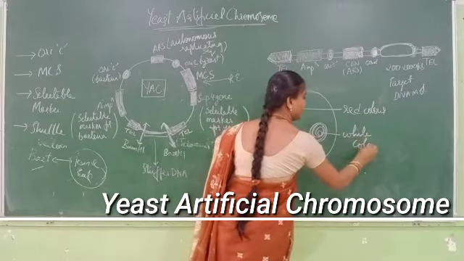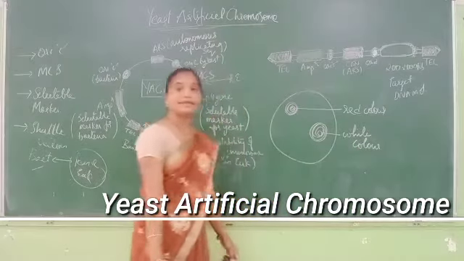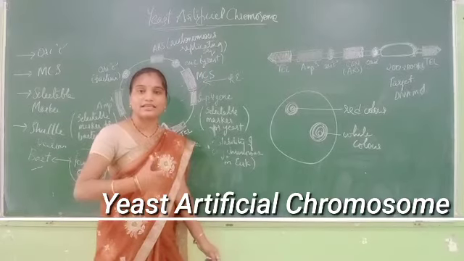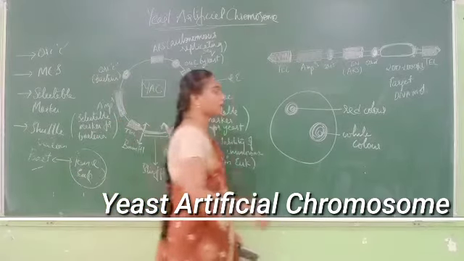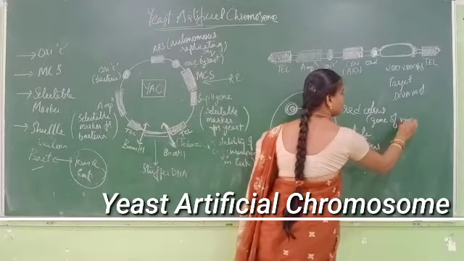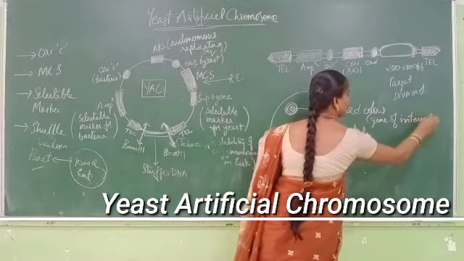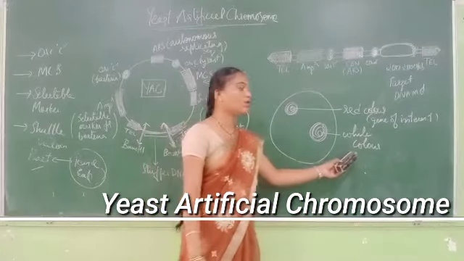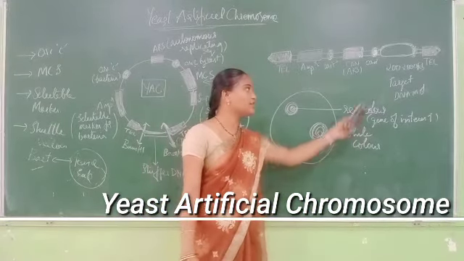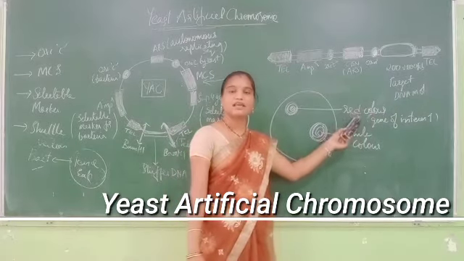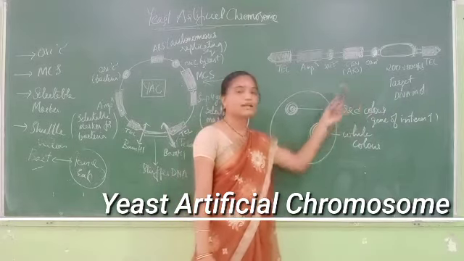The red color indicates that the yeast has your target DNA molecule, that is, the gene of interest is present in the red color colonies of your yeast. White color colonies indicate that no gene of interest, that is your target DNA molecule, is present here, but in your red color colonies the yeast is carrying your target DNA molecule.